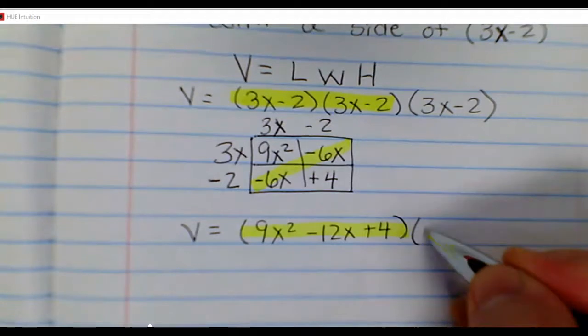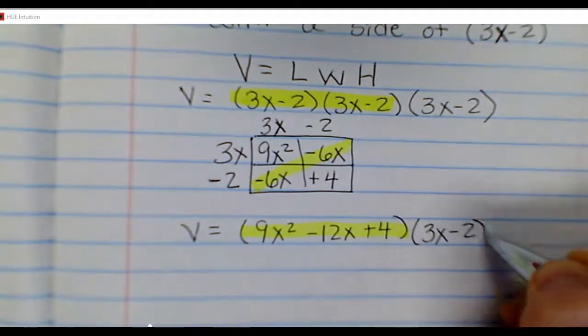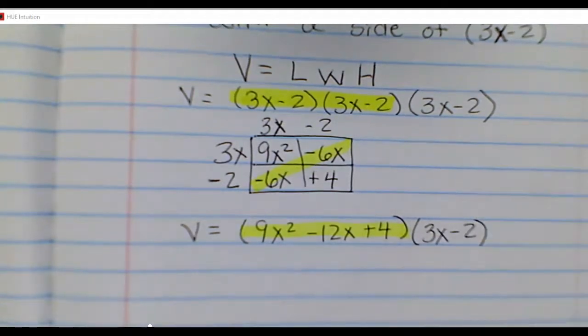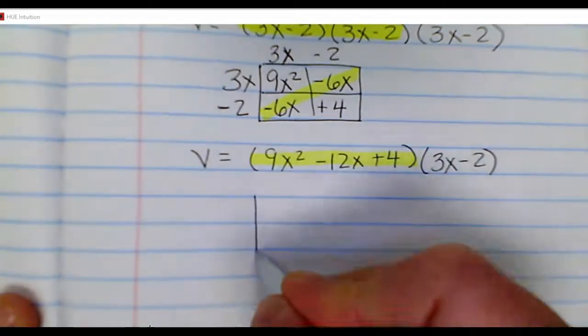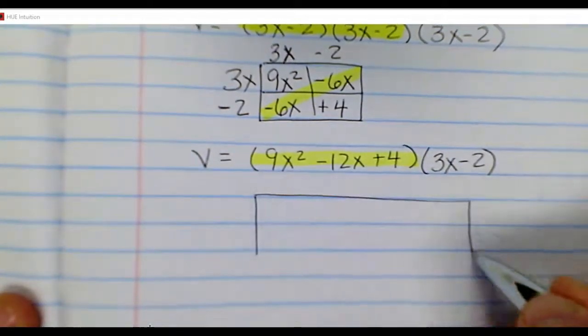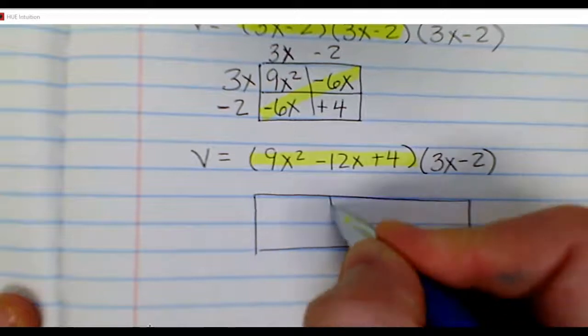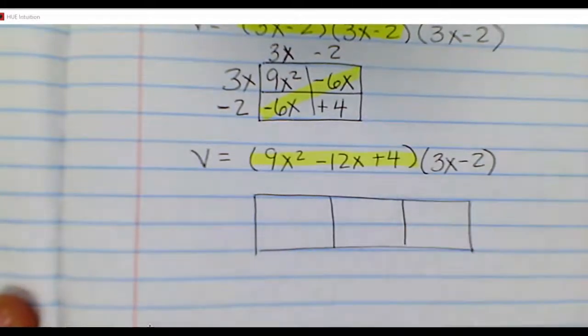And we still have this height down here that we have to multiply by. When you multiply a trinomial times a binomial, all you need is a bigger box.